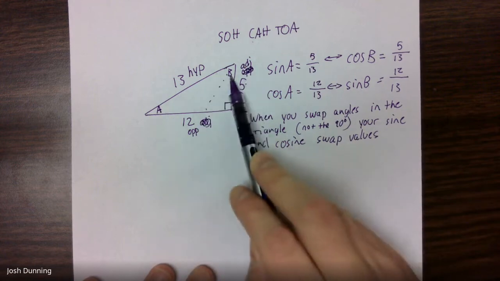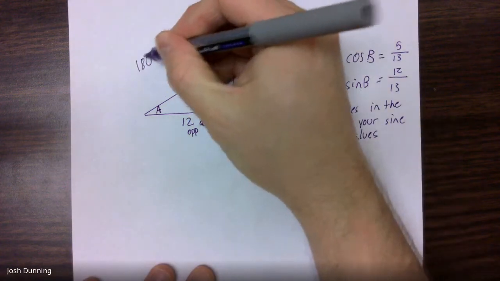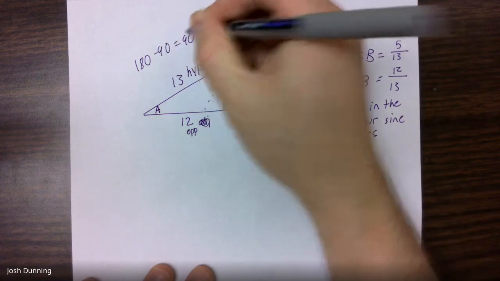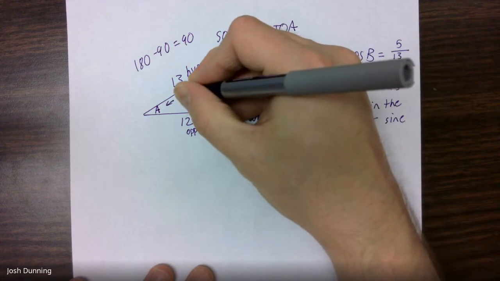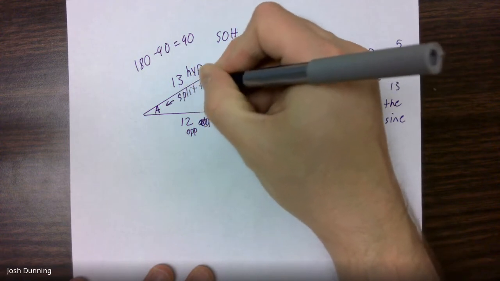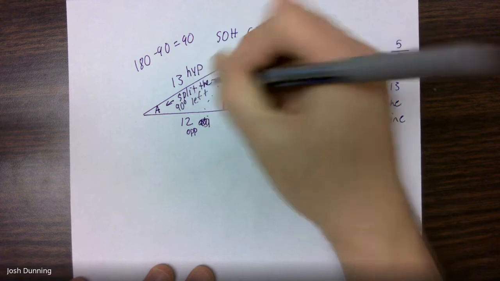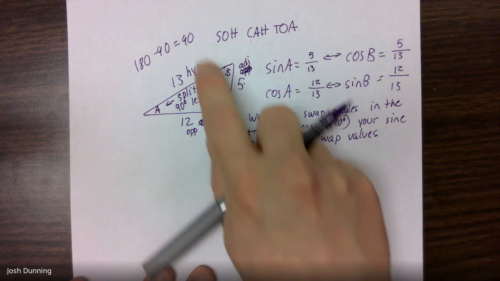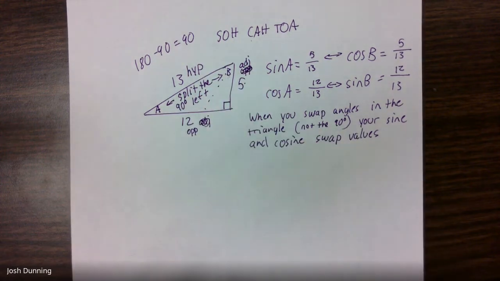So for A and B, so we got 180 total, that's a 90, which means there's 90 left. A and B split the 90 degrees left. After you take the right angle out, there's 90 degrees left for those to split.